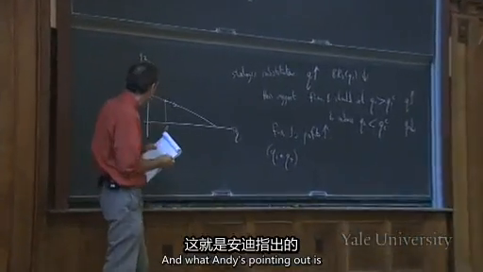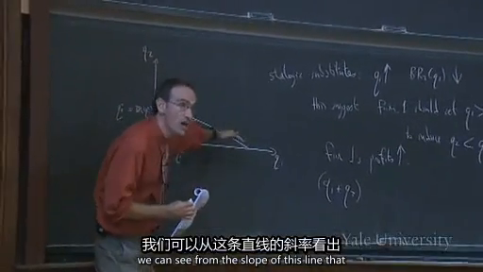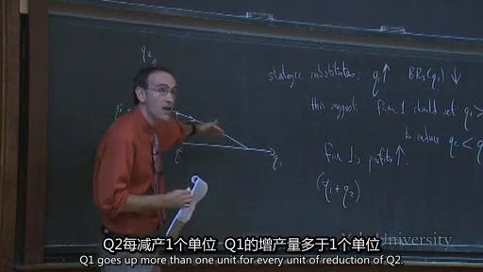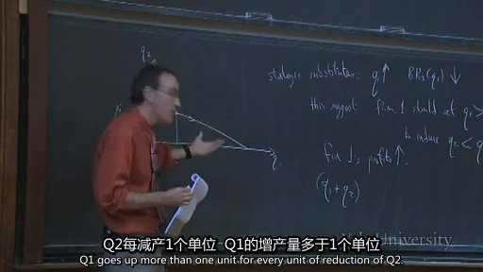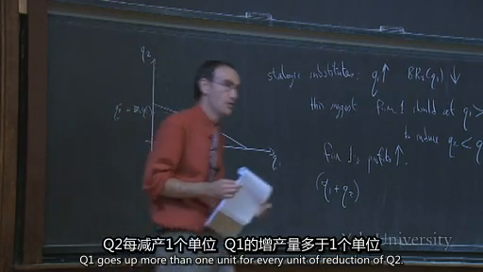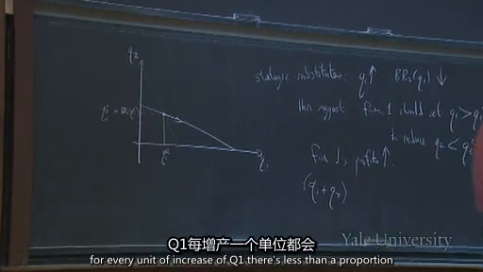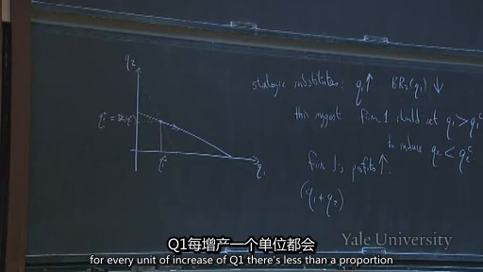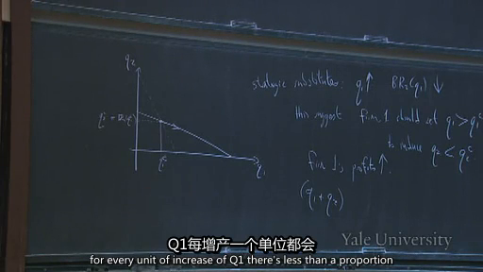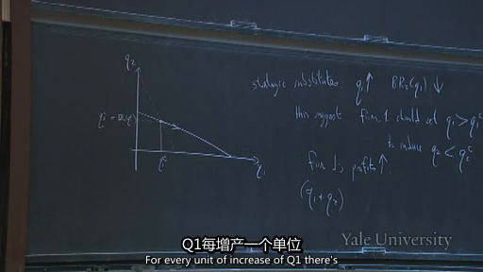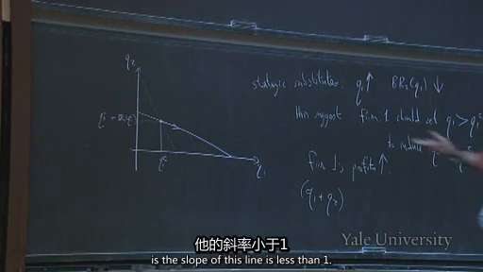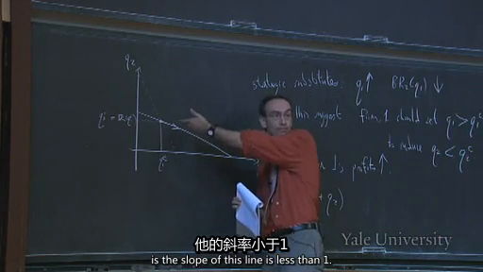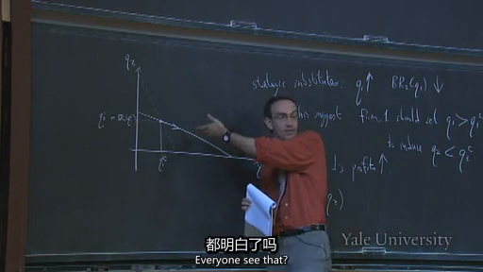And what Andy's pointing out is we can see from the slope of this line that for every unit of increase of Q1, there's less than a unit of decrease of Q2. All they're saying is the slope of this line is less than 1. Everyone see that?